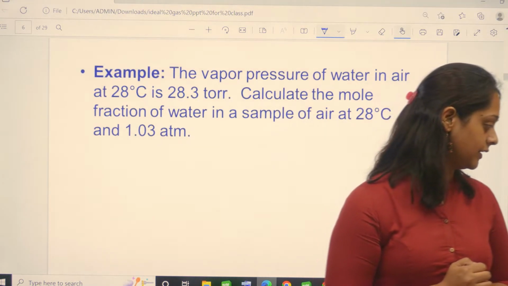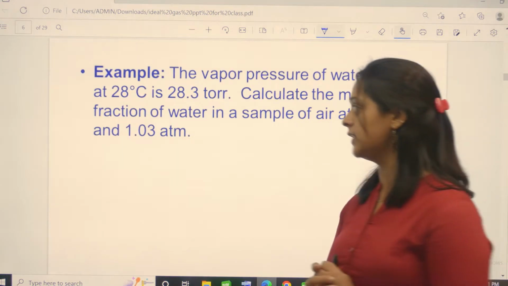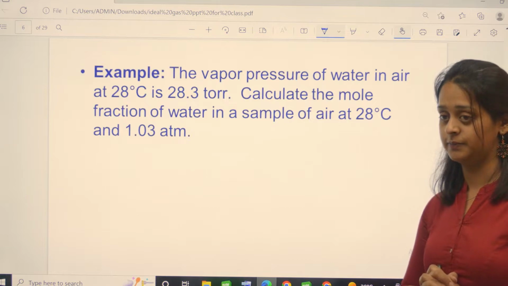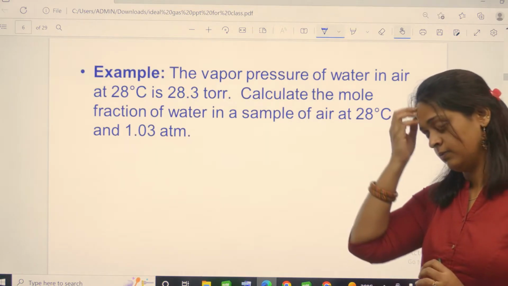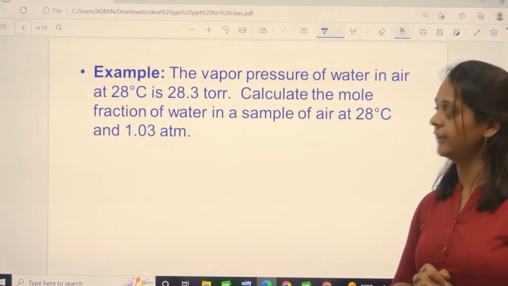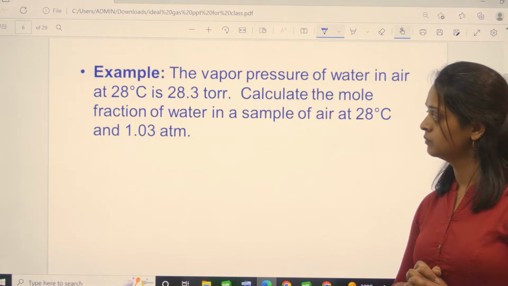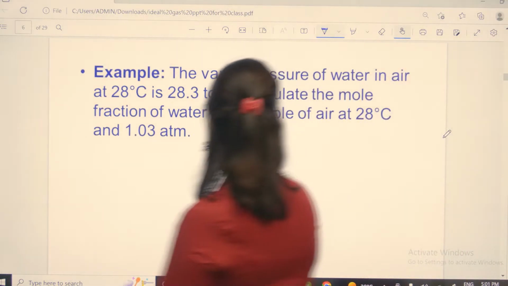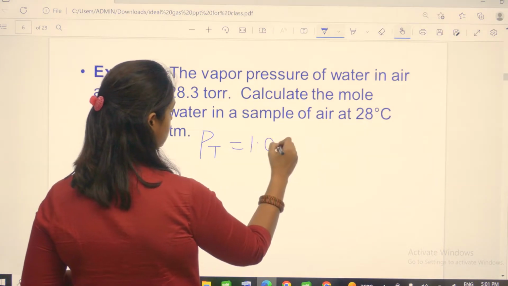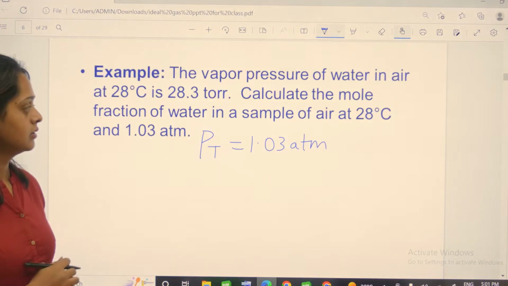Karan, can you see the question as well? Yes, ma'am. Please solve it and tell me what is the answer. How will you solve it? It's a very straightforward question. Now we have to find the mole fraction of water in a sample of air. So PT is given as 1.03 atm, and the mole fraction we have to find.